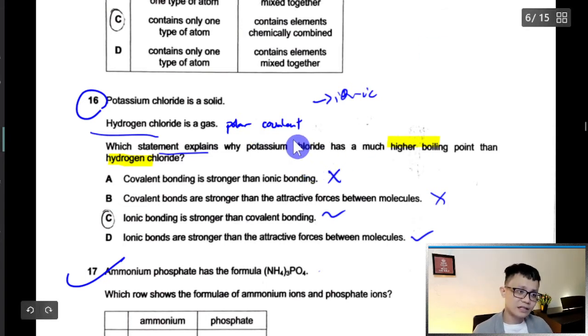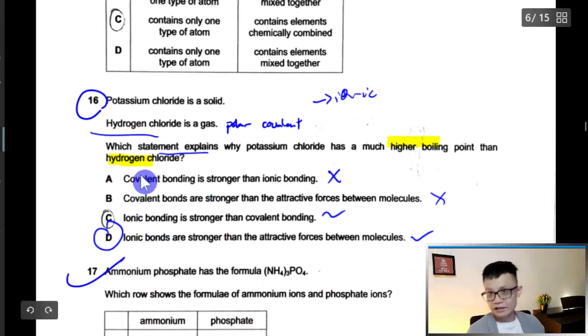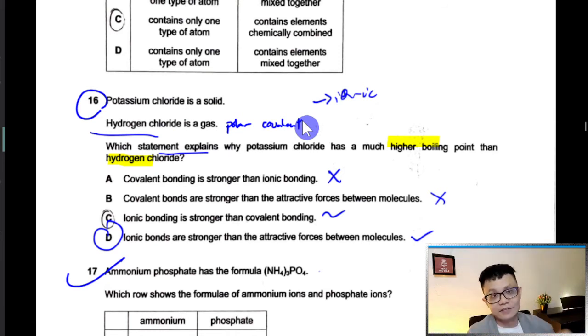We don't even learn polar covalent in our textbook, but it exists. So the better explanation for potassium chloride and hydrogen chloride is that ionic bonds are stronger than the attractive forces between molecules. This will be the better answer. But the textbook didn't say, so that's why I say it's a difficult question.